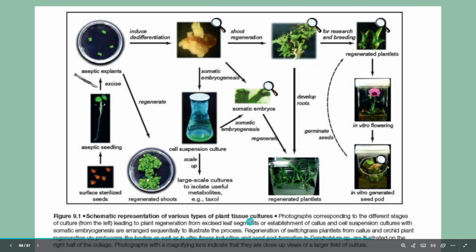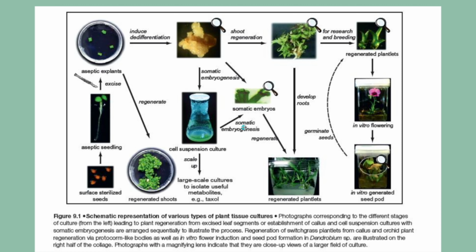You can see the response at different stages of the plant, leading to plant regeneration. In simple words, this is a technique where the plant does not require any reproduction, like the double fertilization and embryonic development mentioned before, to produce a plant. No need. Just a small piece of leaf.